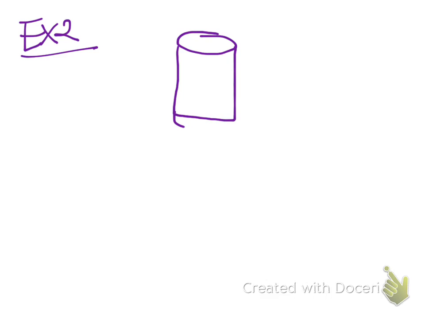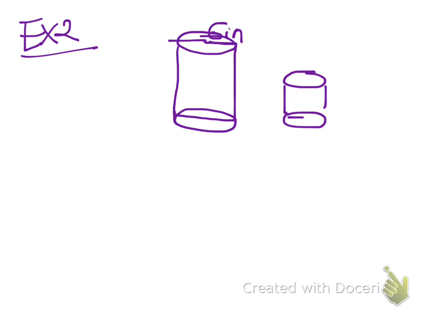So example 2, we have a cylinder with a 6-inch diameter, and we have a smaller cylinder with a 3-inch diameter.